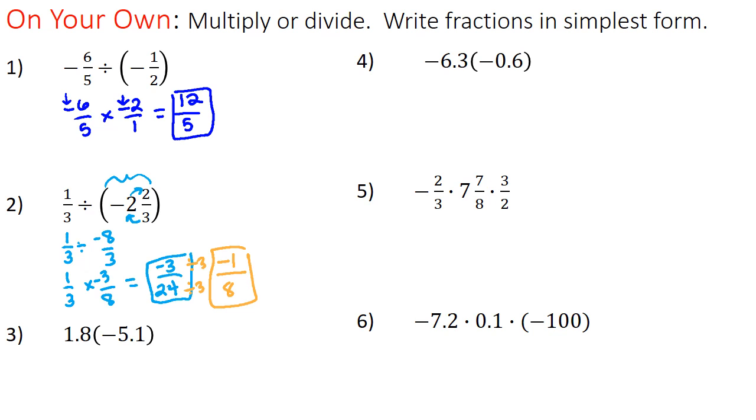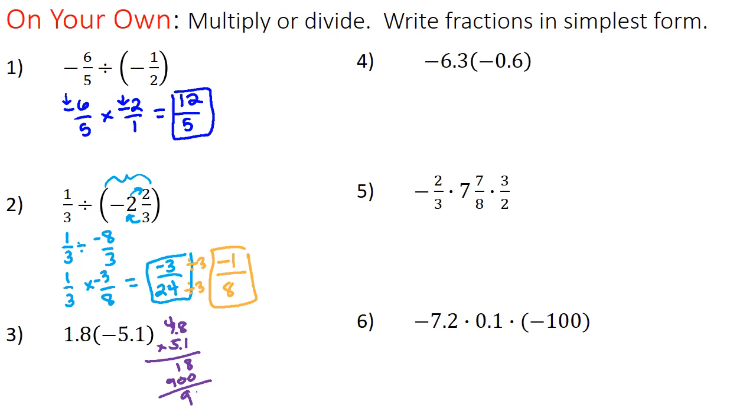For problem number 3, I have 1.8 times 5.1, so I'm just going to set that up as 18 times 51, or 1.8 times 5.1. As I multiply this out, 1 times 18 is just going to be 18, add that 0, 5 times 8 is going to be 40, carry the 4, and 5 times 1 is 5 plus 4 is going to be 9.